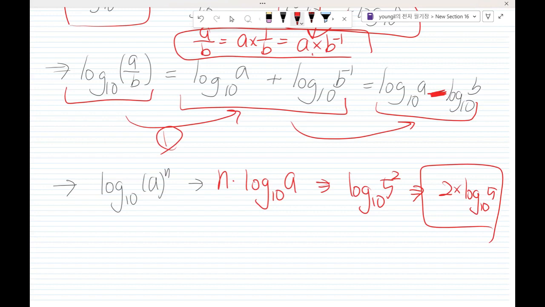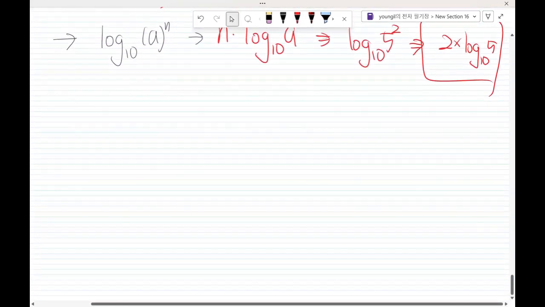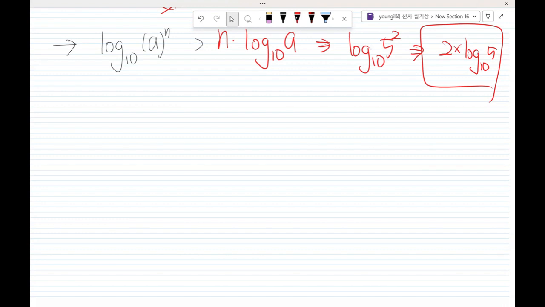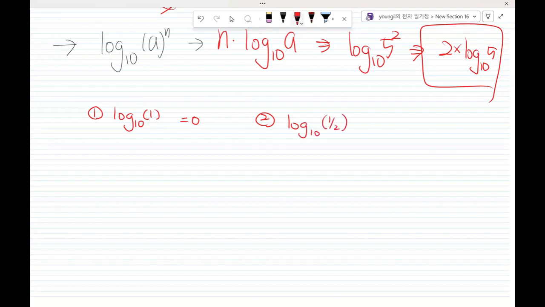All right. To summarize for today, we learned a few properties. The first one: log base 10 of 1 is 0. Then log base 10 of 1 over 2 is log base 10 of 1 minus log base 10 of 2, so that was minus 0.3.